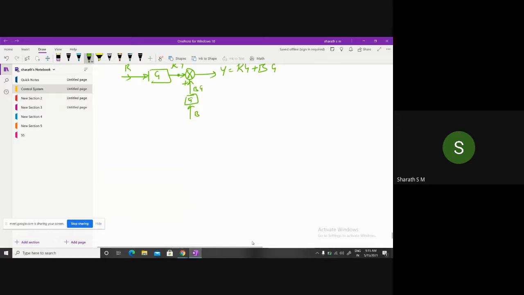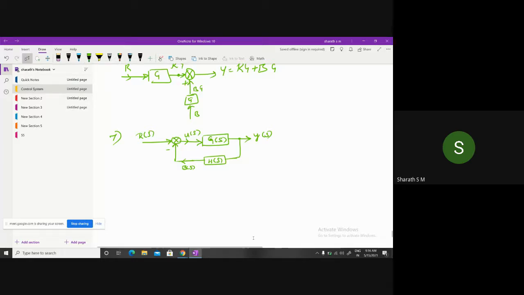Write on the next one. So this is to find the expression for a feedback path.